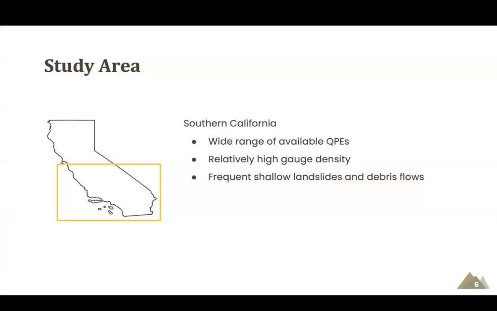This is a good area to test this question because there's a wide range of available gridded QPE products. There's also relatively high gauge density, which means we have some context for ground validation. And finally, this is an area that's vulnerable to shallow landslides and debris flows, so there's a lot of landslide research happening in this region.